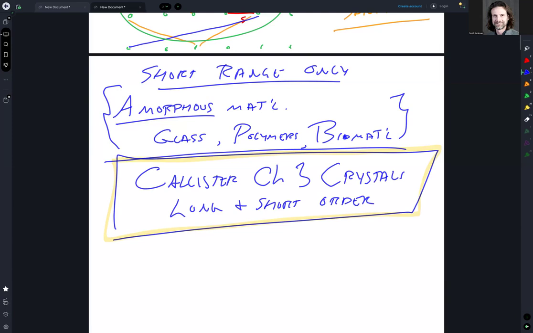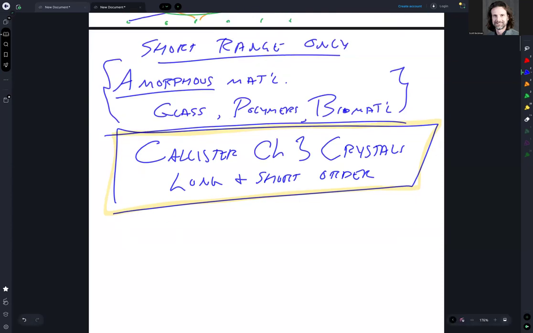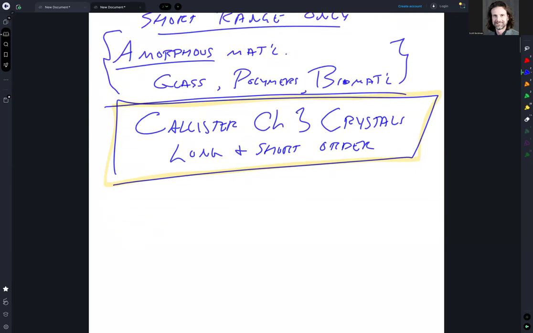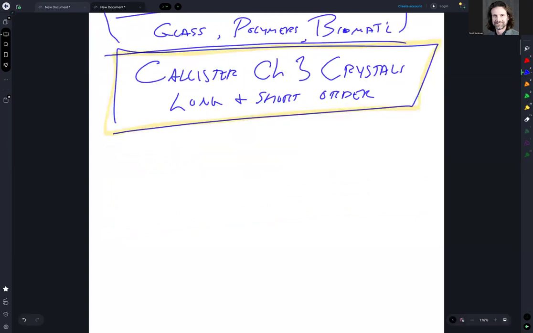So let's discuss crystals, and how do we talk about these? What makes a crystal? How do we define a crystal? Well, a crystal is made of two quantities.